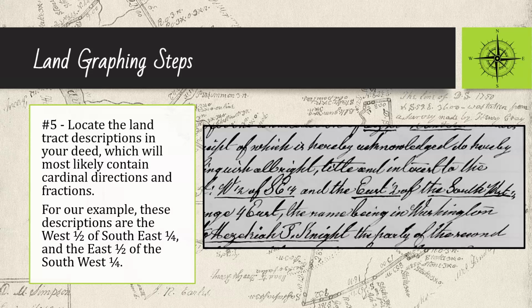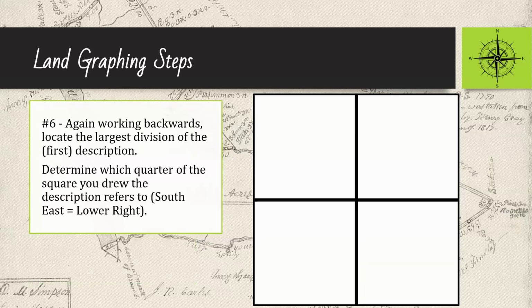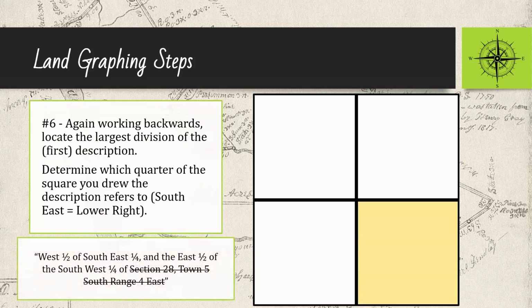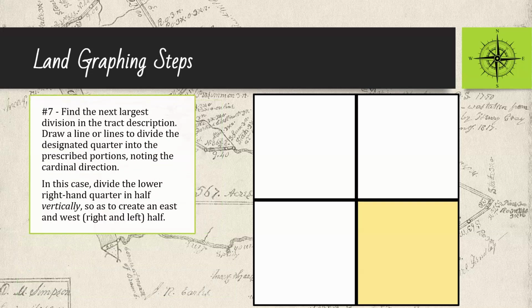So we have the west half of the southeast quarter and the east half of the southwest quarter, which is right there. Again, still working backwards, we have to figure out which quarter of this section our little fraction is talking about. Southeast quarter is the lower right-hand quarter of this section, which is the first little chunk of this portion.